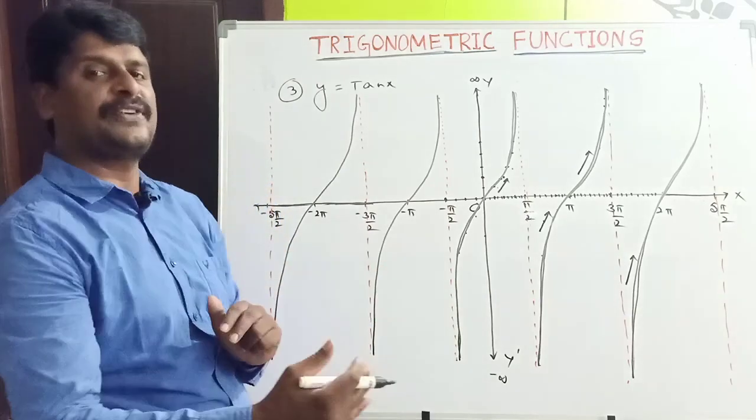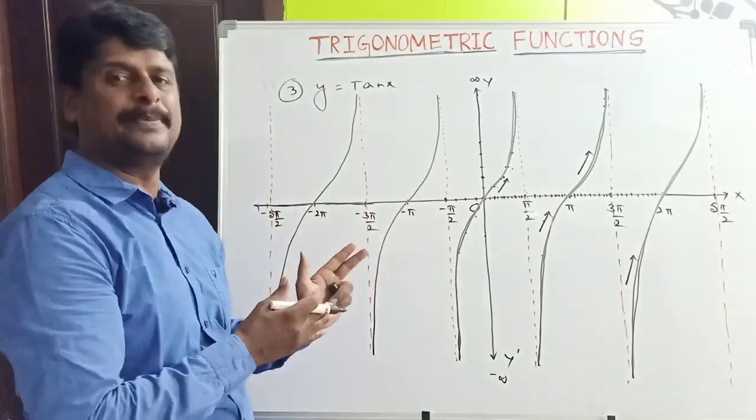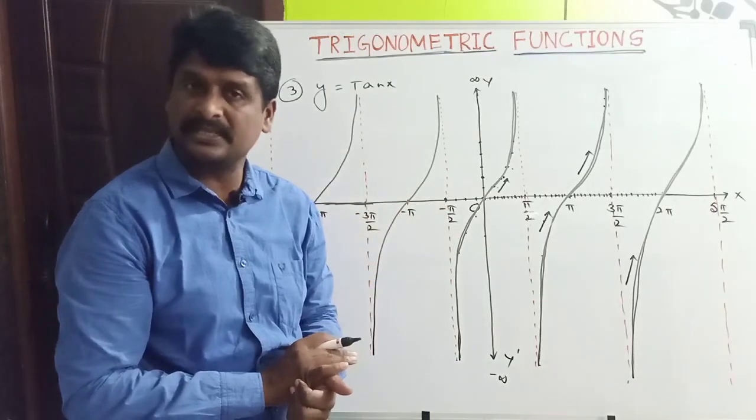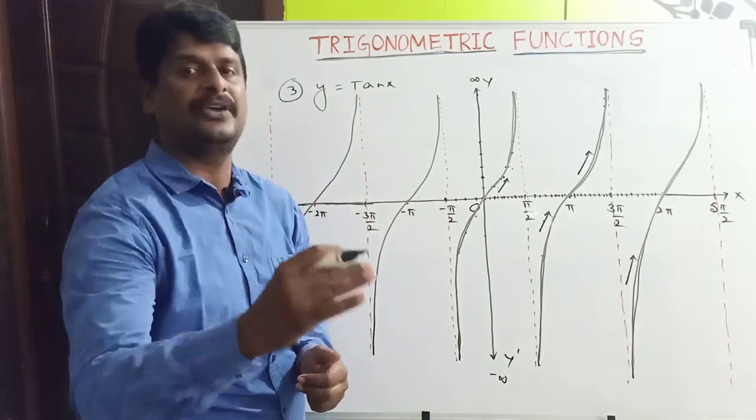On the left side: minus 5 pi by 2, minus 7 pi by 2, minus 9 pi by 2. At these points tan x is undefined.